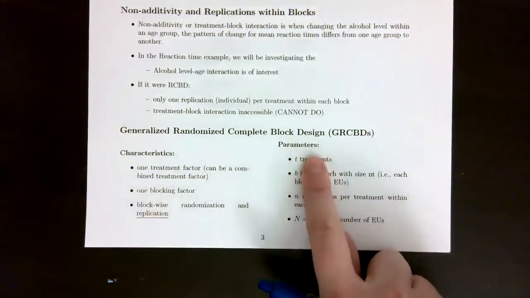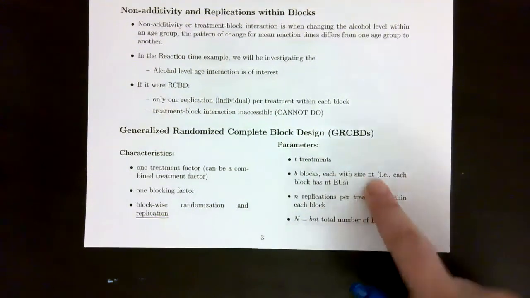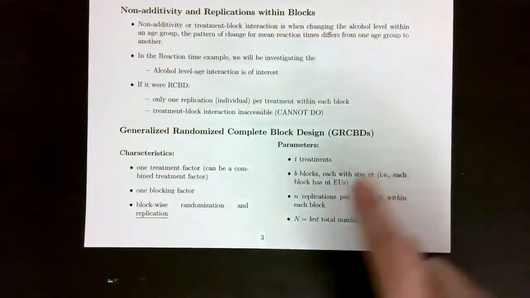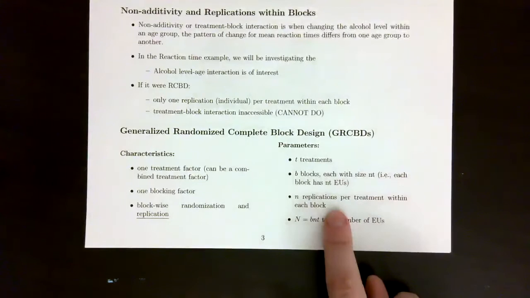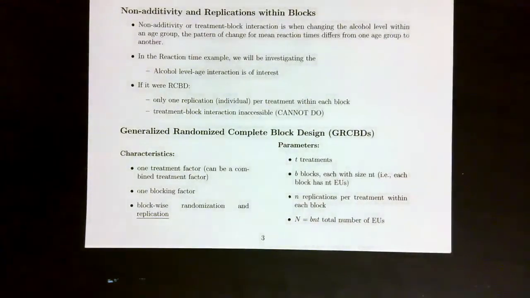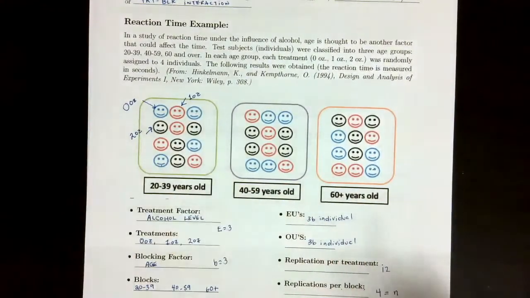Our parameters are little t for the number of treatments, little b for the number of blocks, and the blocks have size n times t, where n is the number of replicates per treatment within each block. So if we went back up to our reaction example, it would be the number of little blue faces.